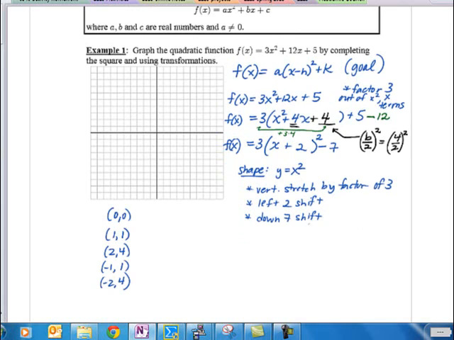Vertical stretch by a factor of 3 is going to multiply all the y coordinates by 3. So this would go to (0, 0), (1, 3), (2, 12), (negative 1, 3), and (negative 2, 12). Left 2, that's going to subtract 2 from all the x's.